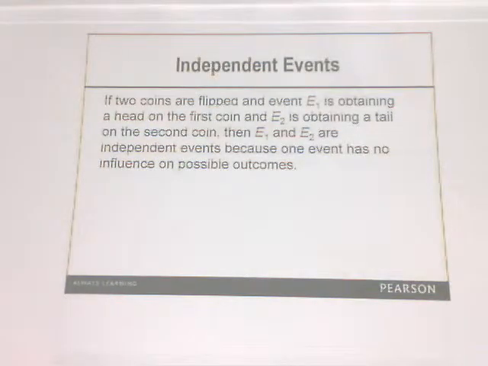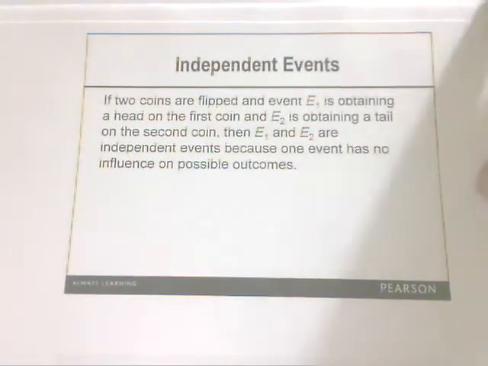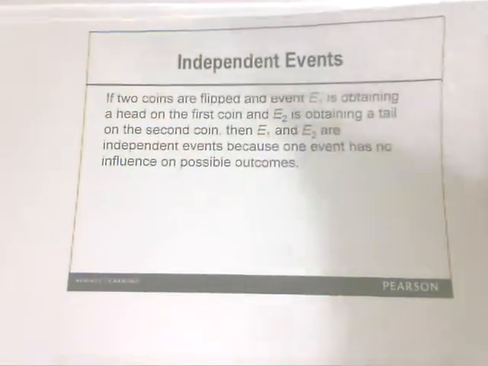If 2 coins are flipped and event E1 is obtaining a head on the first coin and event E2 is obtaining a tail on the second coin, then E1 and E2 are independent events because one event has no influence on possible outcomes. Okay? The outcome of me getting a head on the first will not have any influence on me getting a tail on the second. So that's why they're called independent events.